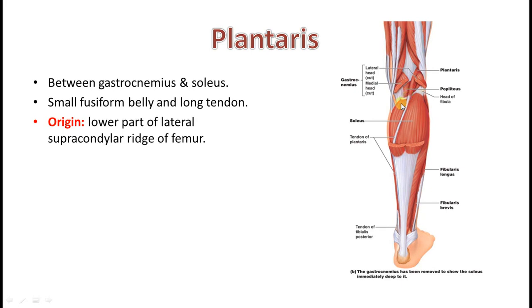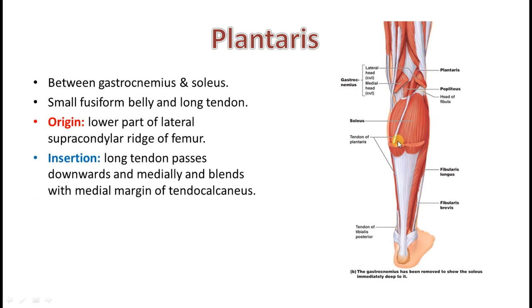It has a very slender tendon, which you are able to see here. It passes downwards and blends with the medial margin of the tendocalcaneus.